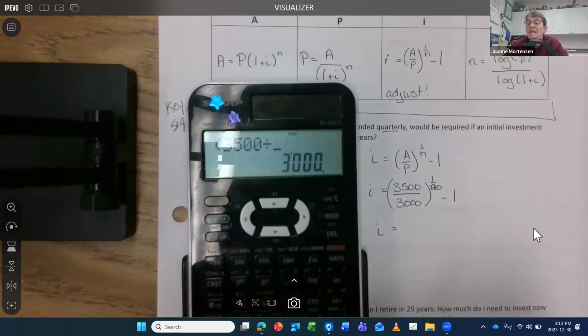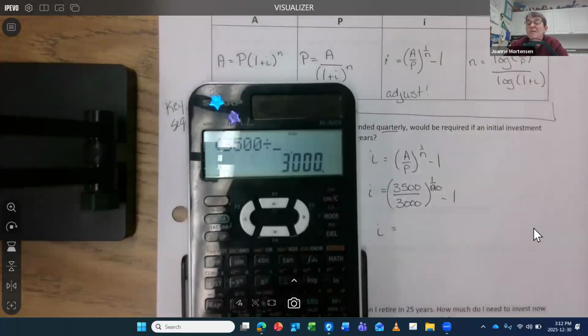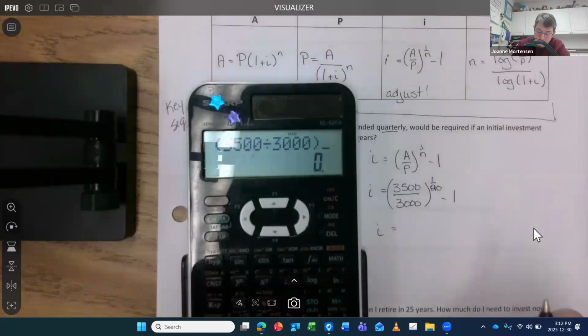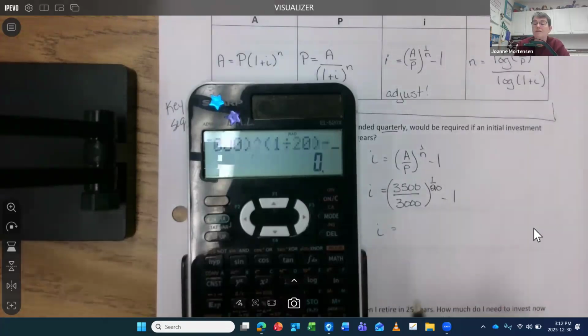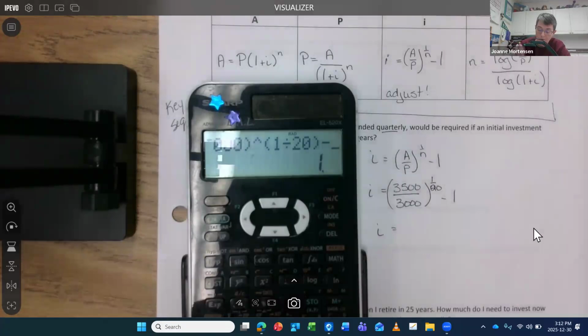Back in the days, kiddies, the original calculators didn't have brackets, so you had to learn how to do this a different way. Now we need an exponent, so my y to the x button, 1 divided by 20, close my bracket, minus 1. I love the fact this is one step.